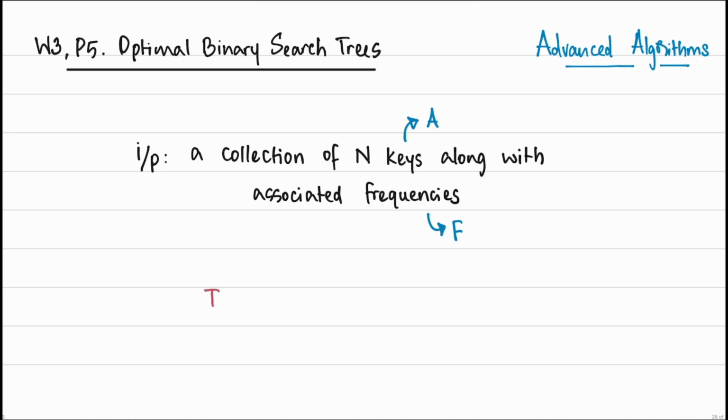Now the total cost of a binary search tree that you build is basically given by the amount of time that you need to access any of these keys, weighted by its frequency. So for accessing the ith key, the cost is going to be f of i times the amount of time that you need to discover the key in your BST.